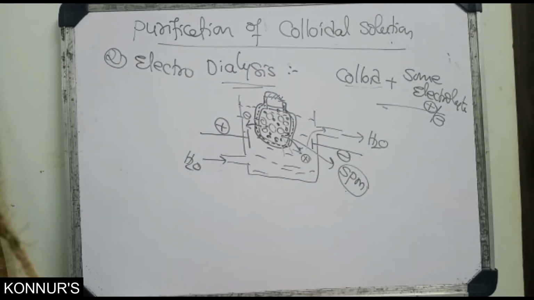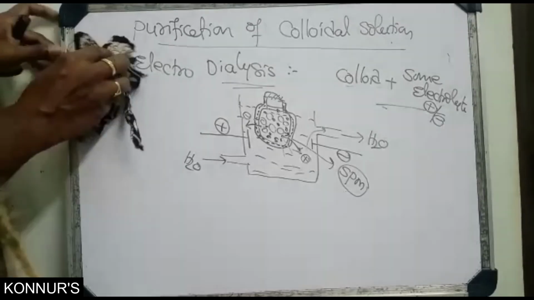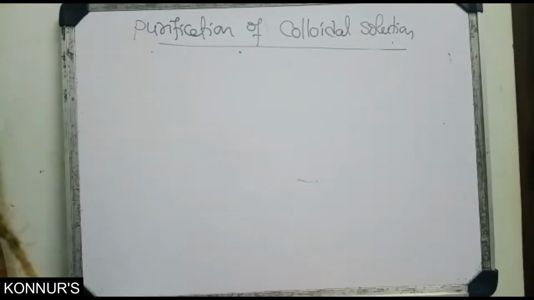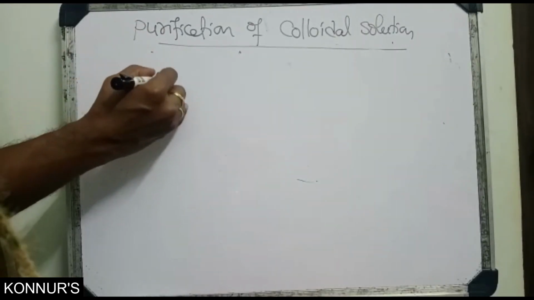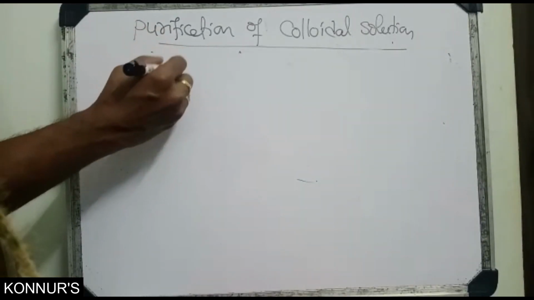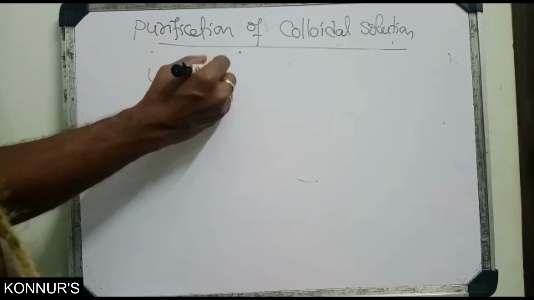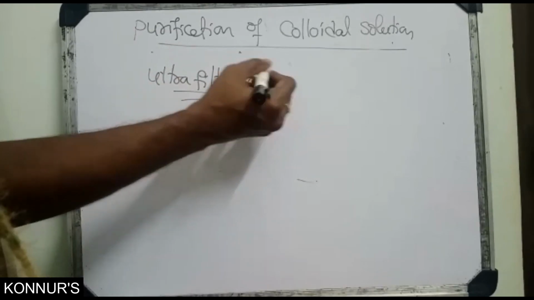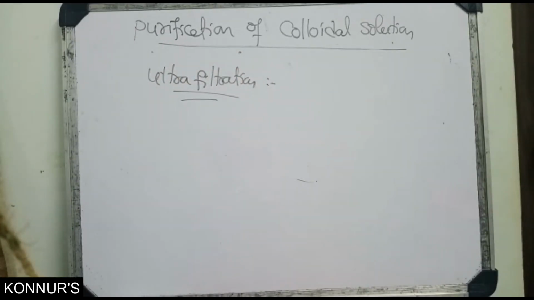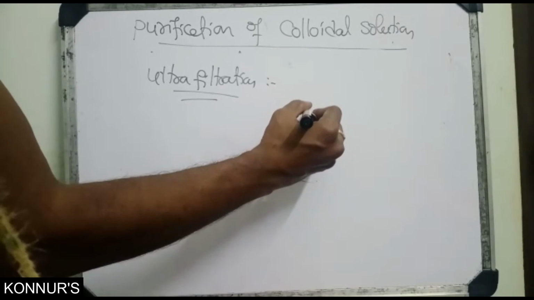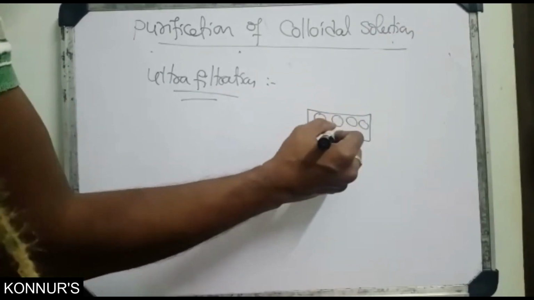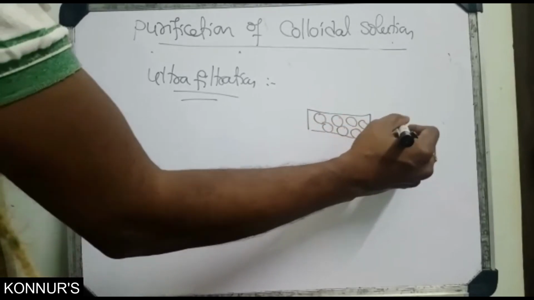Next, third, ultrafiltration. There is one method. See, in the ultrafiltration process, we take filter paper. The holes are very large in ordinary filter paper.